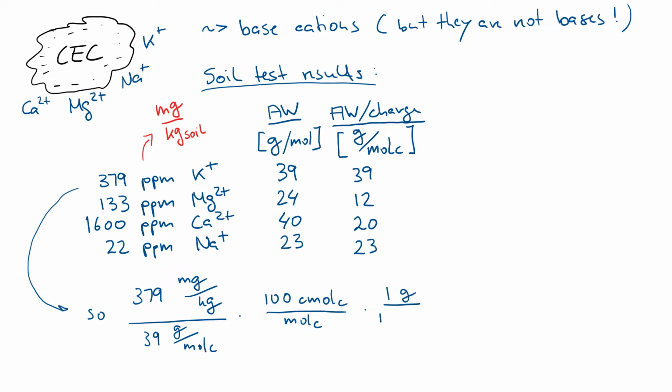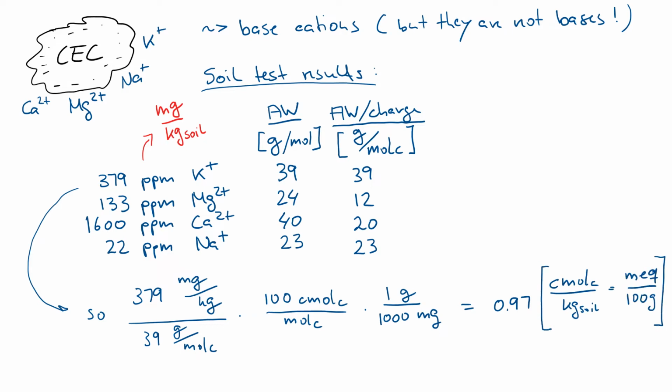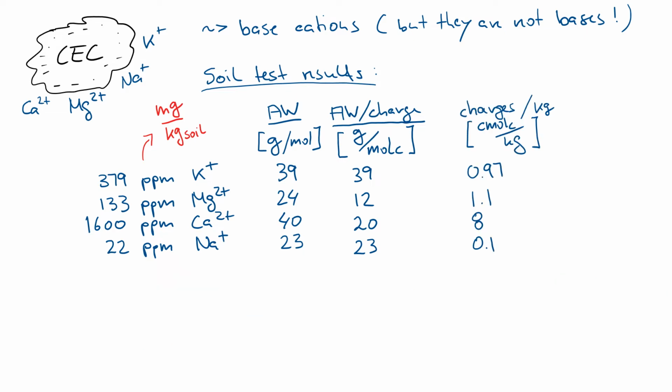We need to do some unit conversion so that everything is unit consistent, and we get to 0.97 centimoles of charge per kilogram of soil, which is the current unit for cation exchange capacity. Luckily, the current unit is equivalent in number to the previous unit, which was milliequivalents per 100 grams of soil. So potassium itself contributes about 1 centimole charge per kilogram of soil, and we do these calculations also for the other cations.